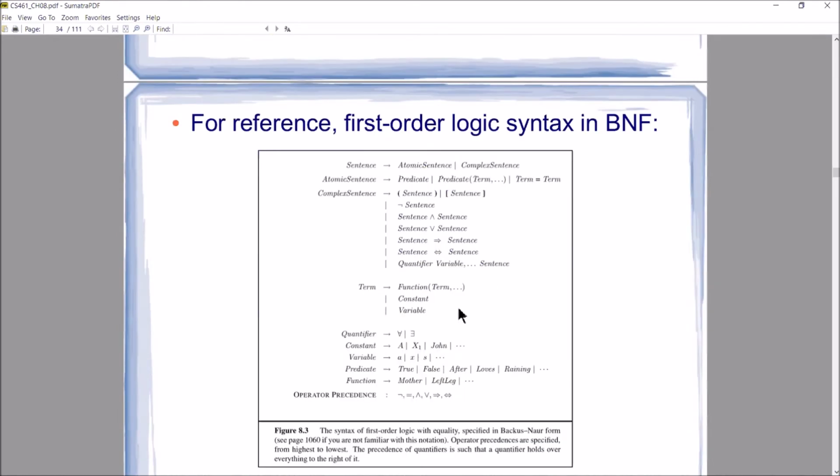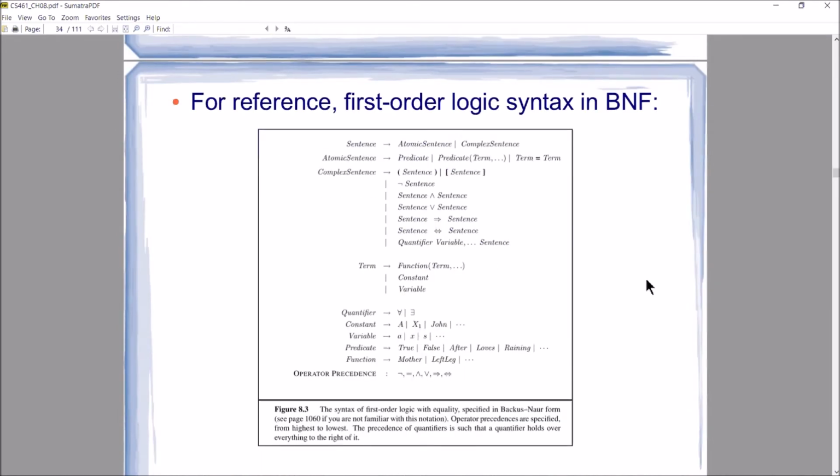Okay, so for reference, lifting this from the text, figure 8.3, here's the syntax of first order logic in BNF, and creating a sentence. Let's just stare at this for a second. You can pause the video. What's a term? We're going to talk about quantifiers, universal quantification and existential quantification here before we're done.